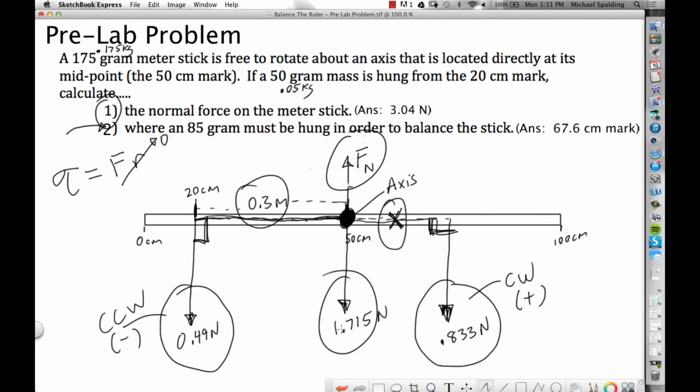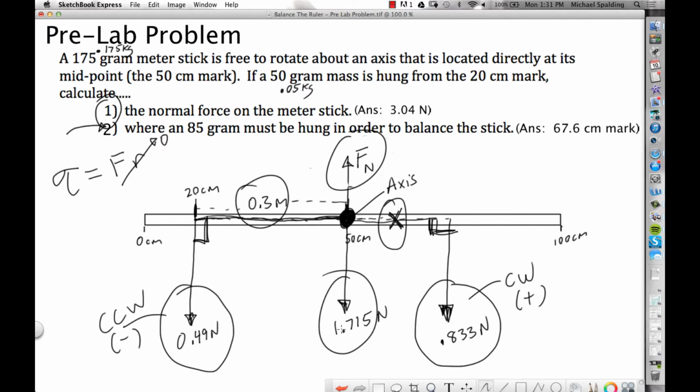A force on the axis causes no torque because the lever arm is 0. And look, if you don't believe me, try pushing here. If I push on that axis right there, is the meter stick going to rotate? If you push on the hinge of a door, is the door going to turn? A force on the axis causes no torque.